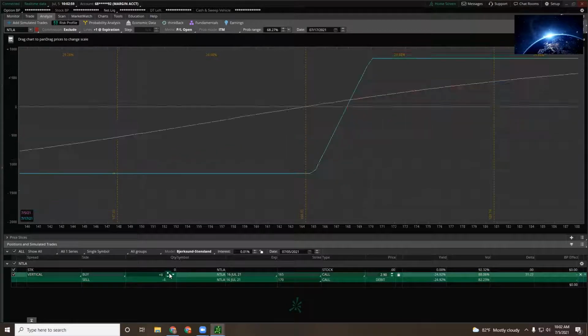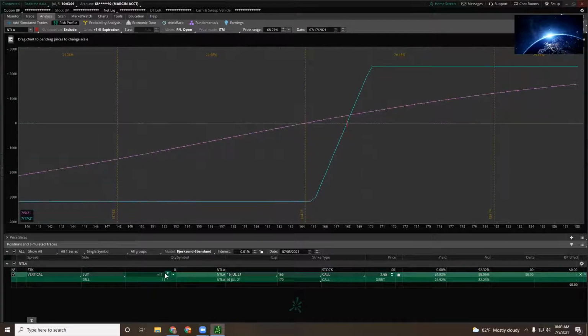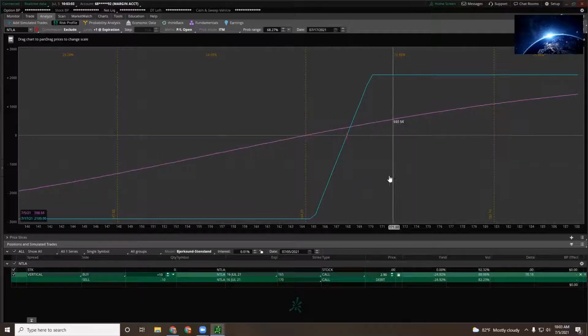If you up it to like 10 contracts, like we did for the put credit spread, you stand a chance of making 2100 and you're putting in 2900. Not the best trade that I would do. So you can see in the end, the credit spread looked better.